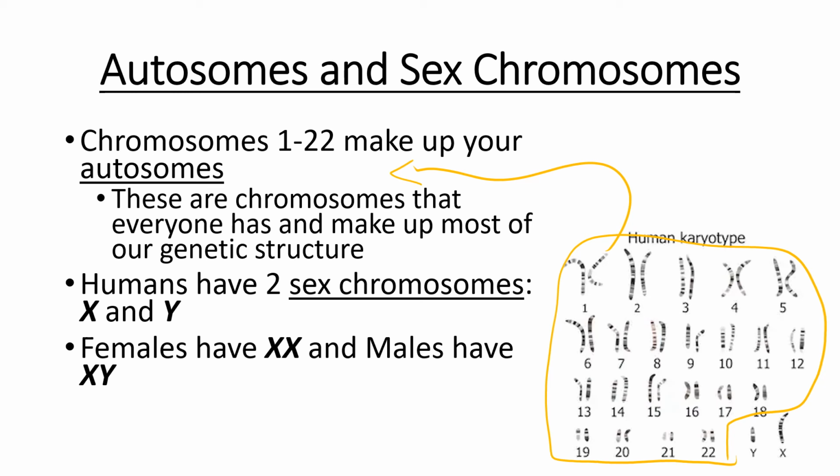Your autosomes are chromosomes that everybody has. 1 is the longest, 22 is the shortest, and these make up most of our genetic structure. In addition, we also have 2 sex chromosomes. So this is going to be X and Y in males and X and X in females. So you can see here that this karyotype belongs to a male because they have a Y chromosome. Also notice the X chromosome is much longer than the Y chromosome. It's because it contains more genetic information.